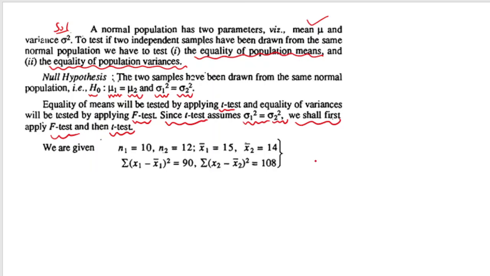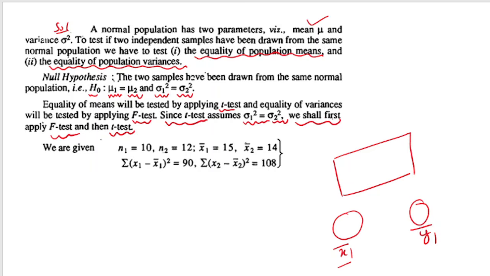Listen to it very carefully. The process is, I have a situation here that we have two different samples, right? For these we are given the sample means, that is x1 bar and y1 bar. We are also given summation (x1 minus x1 bar) whole square, and summation (y1 minus y1 bar) whole square.